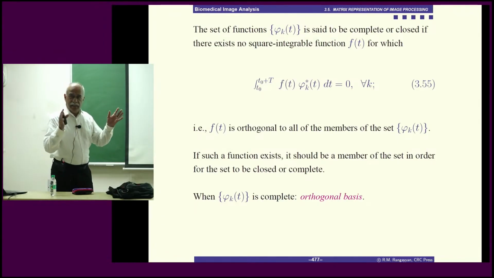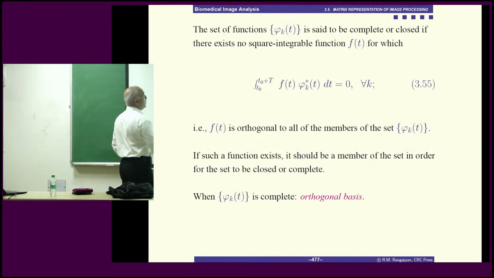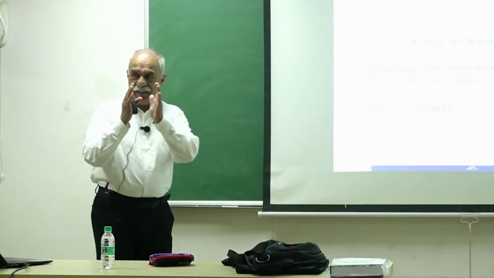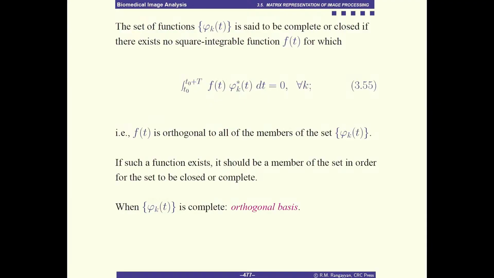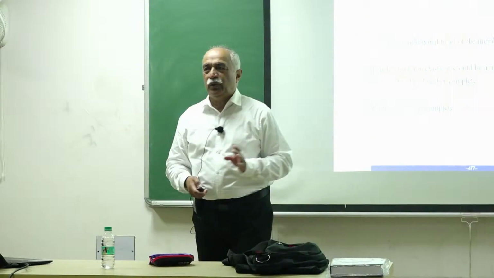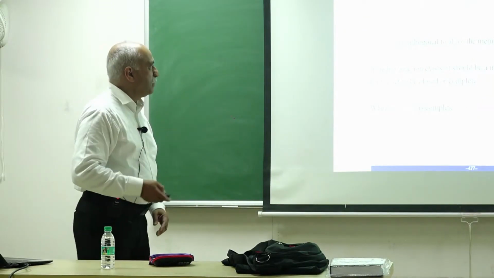In the DFT, it is limited, as we will see. So f(t) is orthogonal to all of the members of the set of phi_k(t) functions, and then it is called an orthogonal or orthonormal basis set, or just basis for the transform.